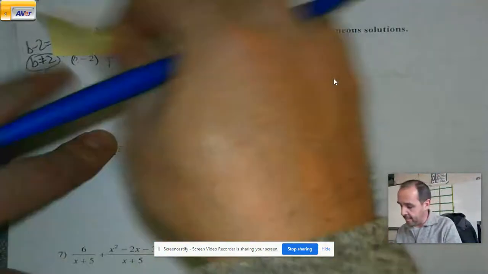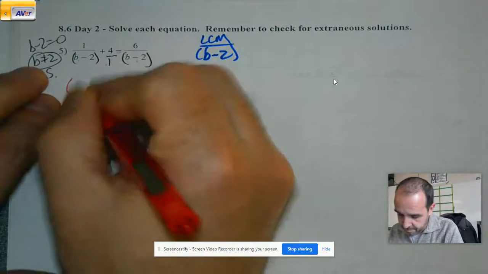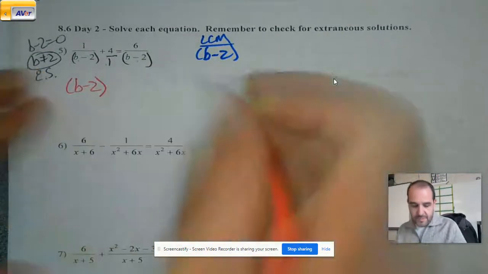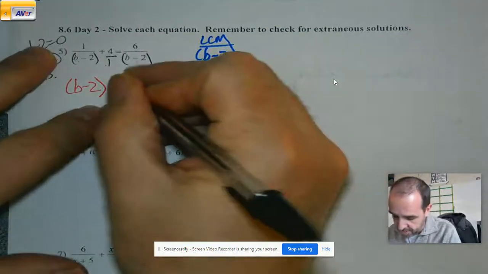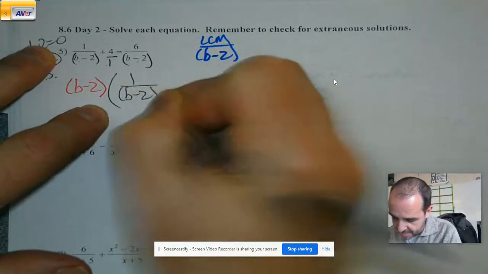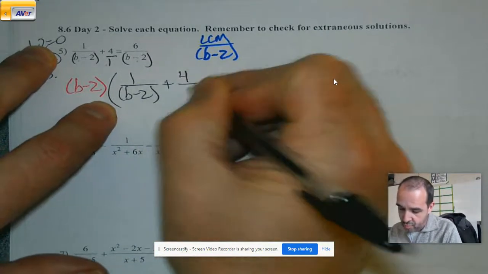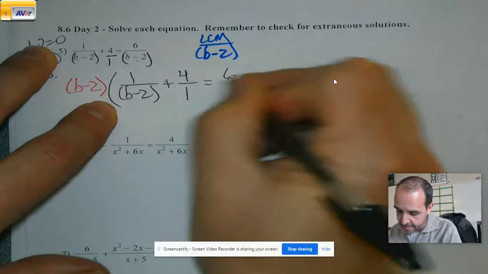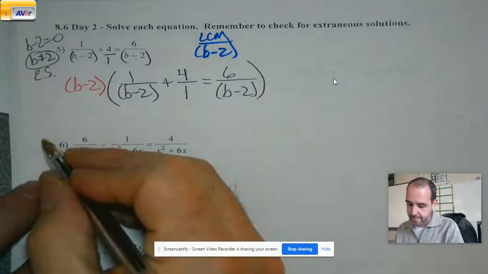So what does that mean? What that means is we're going to take that B minus 2 and distribute it to this whole equation. I am a fan, you can decide whether you are or not, of writing everything out in a step like this because I want to visualize what I'm doing step by step.